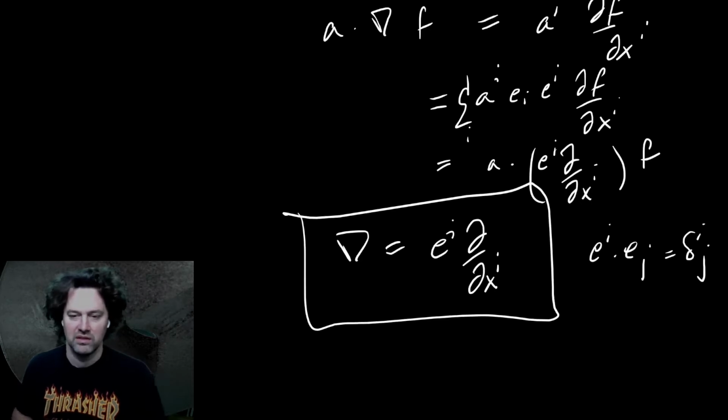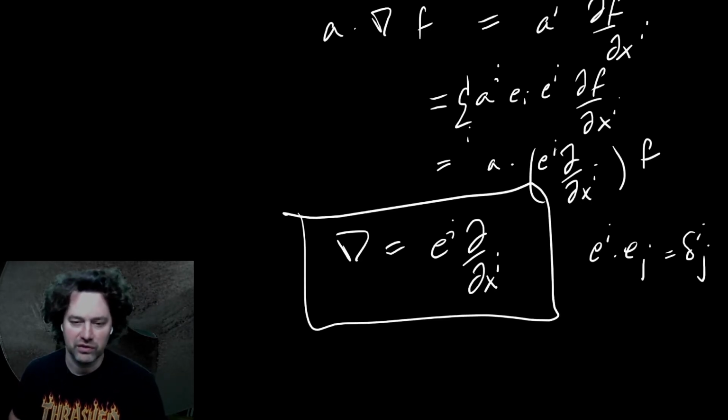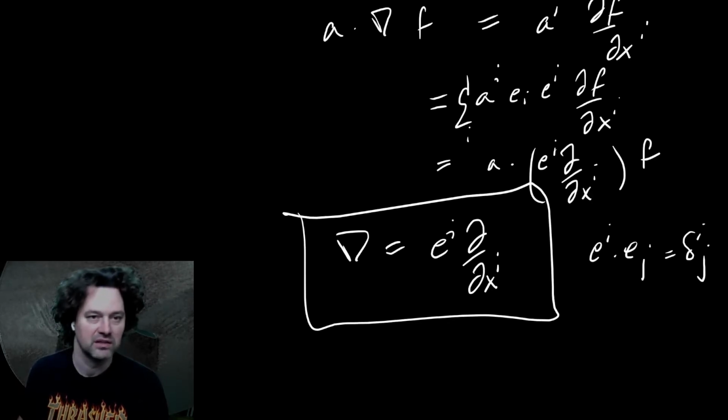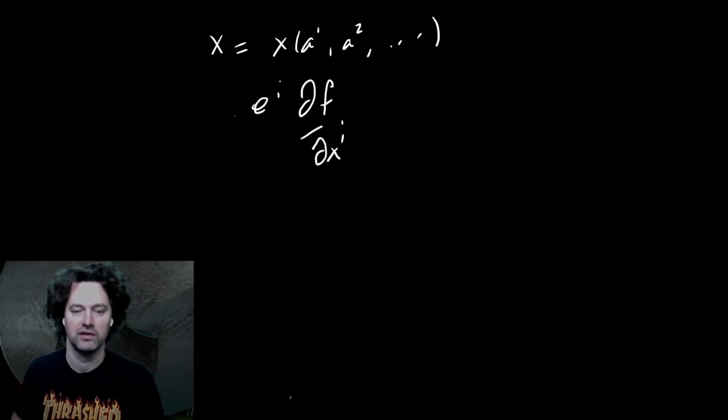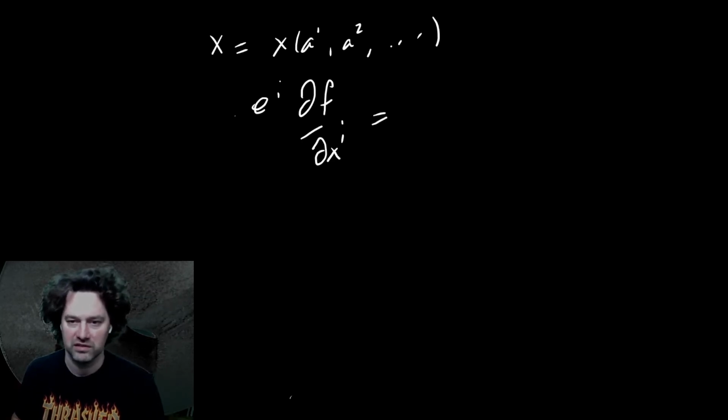And we also want to find the representation of the gradient in terms of curvilinear bases for Euclidean or non-Euclidean spaces. Let's do that next. So if we have a parameterized space where x is a function of a1, a2, and so forth, then it is e upper i df dxi in terms of all the a's. Chain rule again gives us the answer.